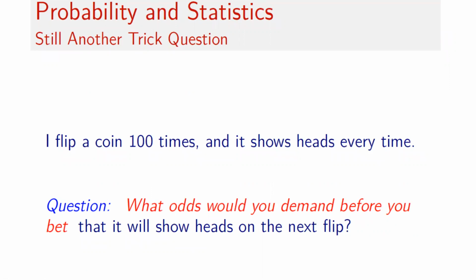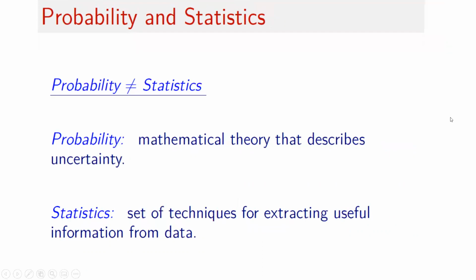So another way to talk about probability is to ask what betting odds you would require. And here is the answer in this slide, okay? Actually, the question was a little trick because I didn't explain the problem fully.